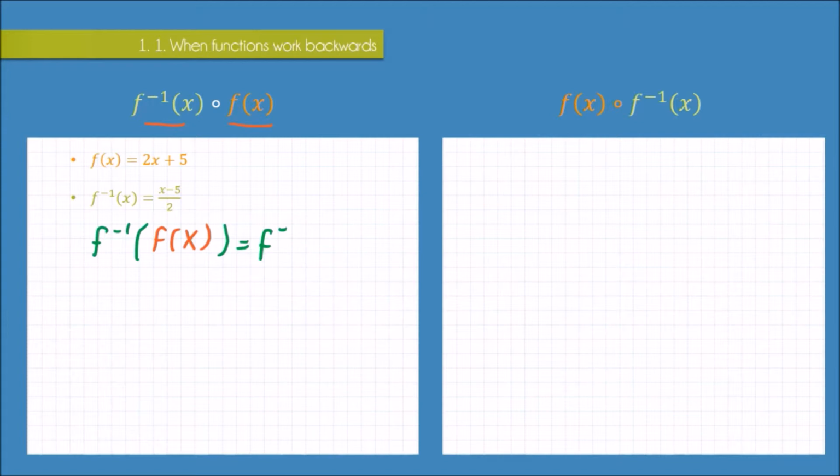And f of x is just 2x plus 5. So that means wherever I see x in my formula for f inverse, I replace it with 2x plus 5.